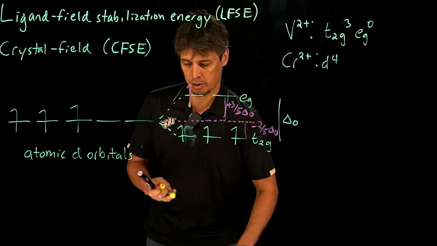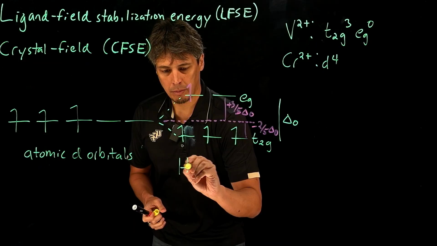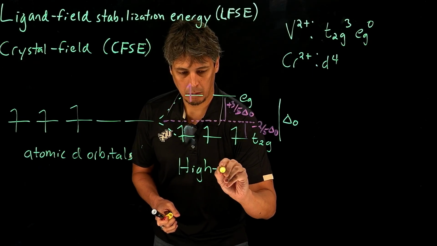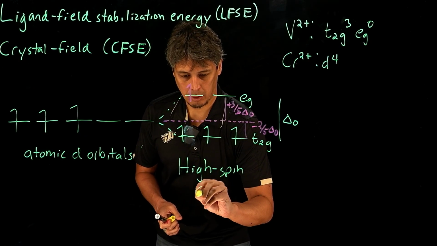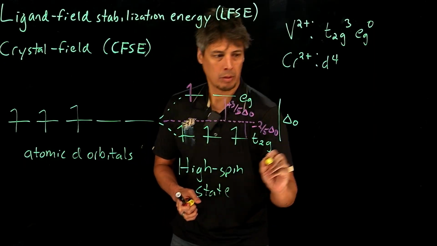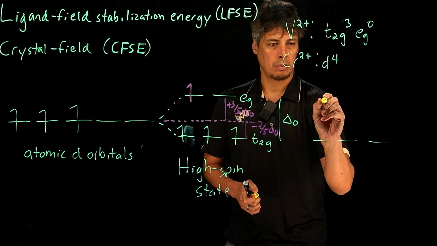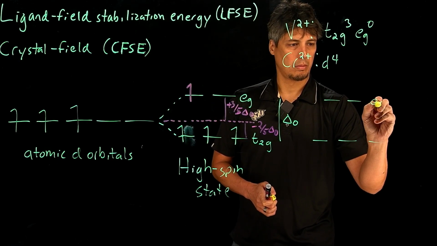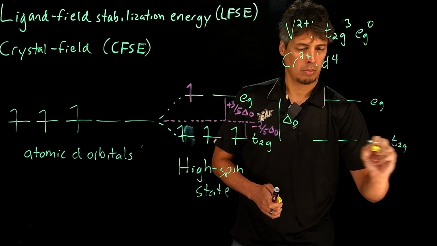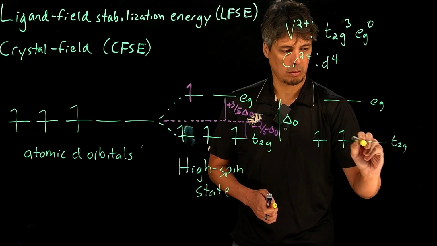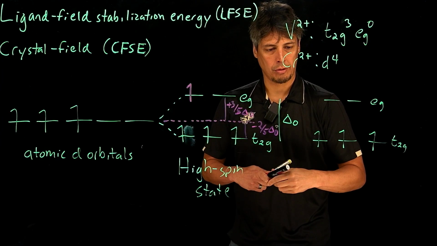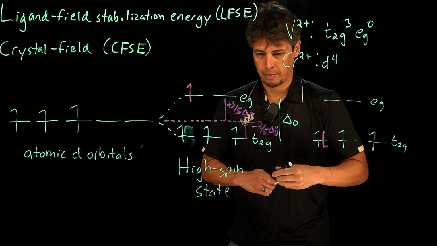this case, we call this the high spin state. Whereas in the other scenario, we have what's referred to as the low spin state.